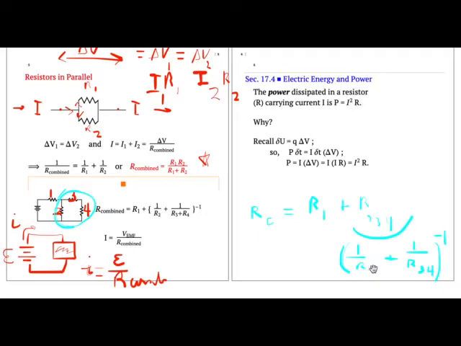This was R2. And now R3, 4, well, 3 and 4 are in series. So that's R3 plus R4.